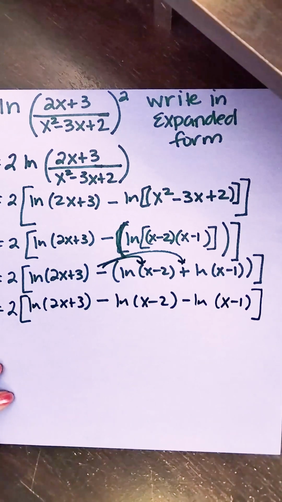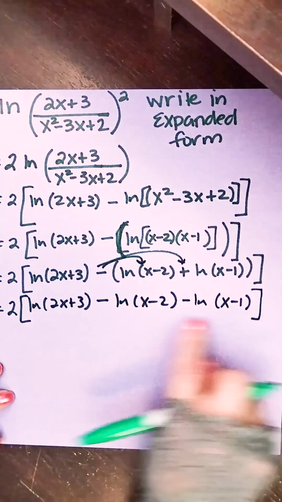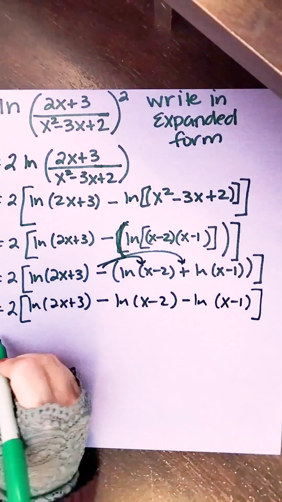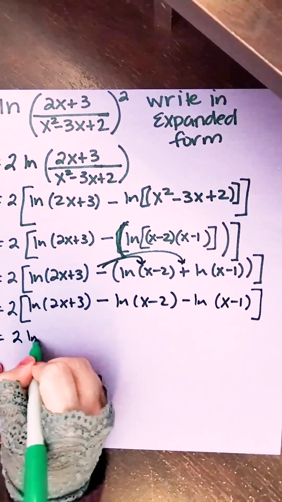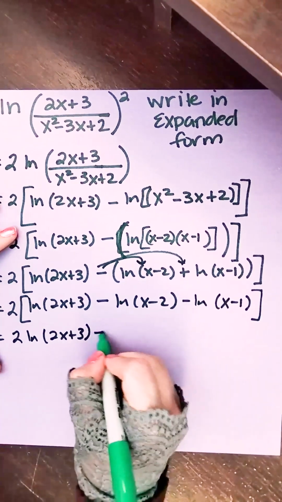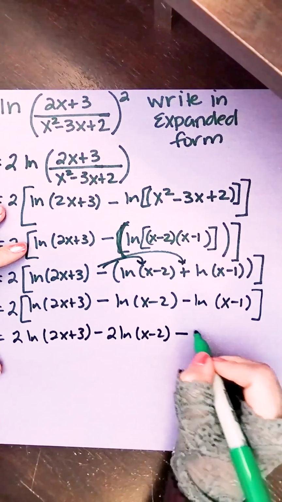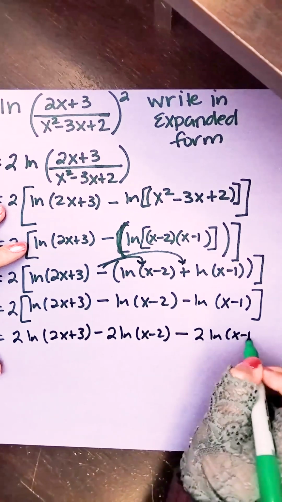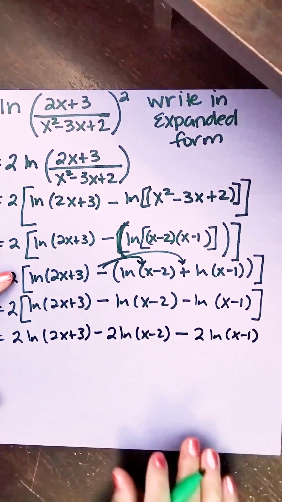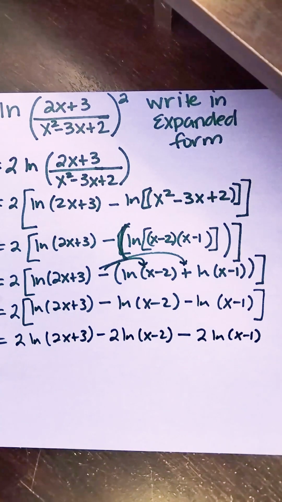Then I'm going to distribute the 2 throughout all of this now. So I have 2 times the natural log of 2x plus 3 minus 2 times the natural log of x minus 2, minus 2 times the natural log of x minus 1. And that's it. That's this logarithmic expression written in expanded form.